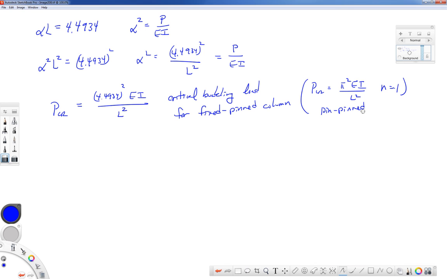We had 3.14 squared for the pinned and pinned column. Now we got 4.4934 squared for the fixed and pinned column, so it does support more load. Different end conditions, we can find different values for this squared term right here.